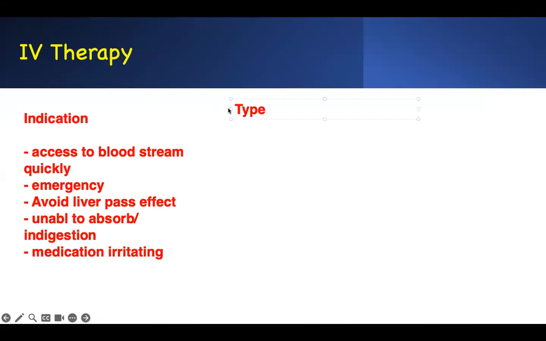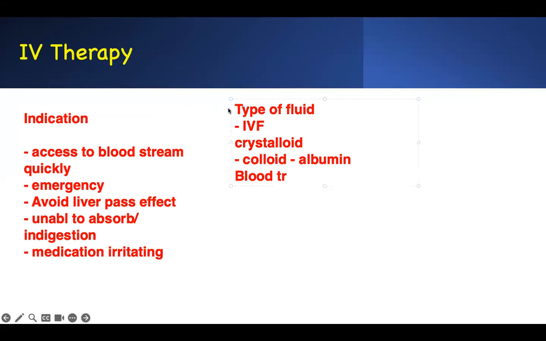What type of fluid? We usually use IV fluid, right? This can be crystalloid. And then there's colloid, right? We have colloid, which is albumin. And then you have blood transfusion.